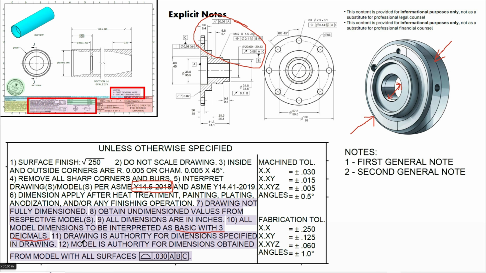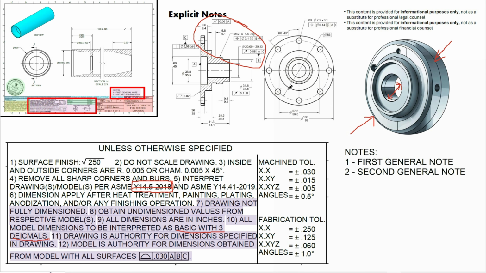Next, number 11, drawing is authority for dimensions specified in drawing. 12, model is authority for dimensions obtained from the model with all surfaces, the 30,000 profile to A, B, and C, datums A, B, and C. Okay, why are 11 and 12 explicitly stated? Well, you're inevitably giving the interpreter of the drawing two sets of dimensions.